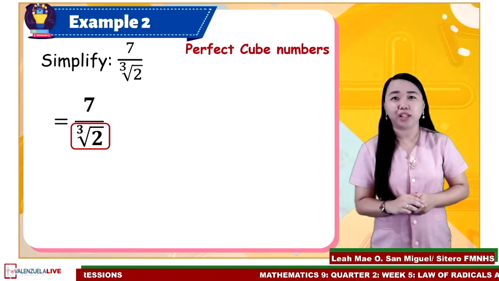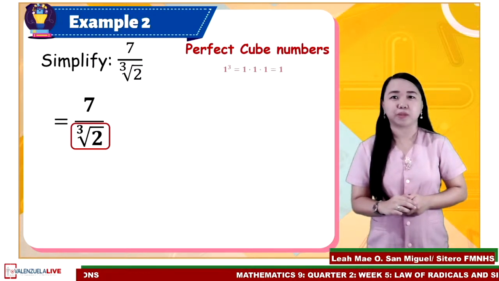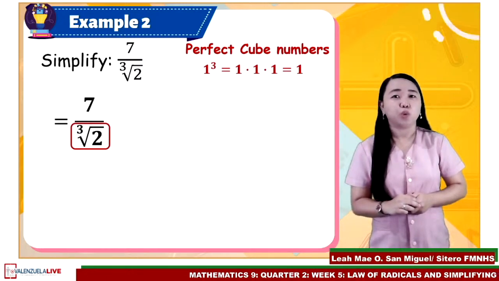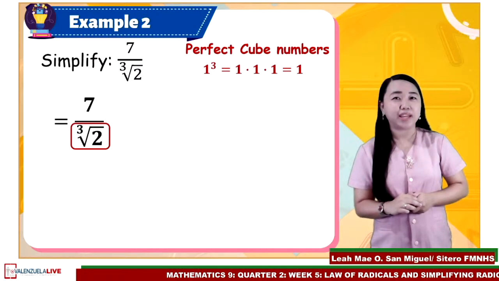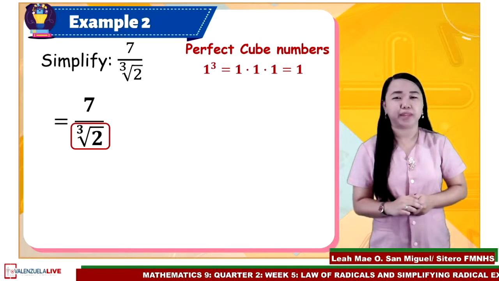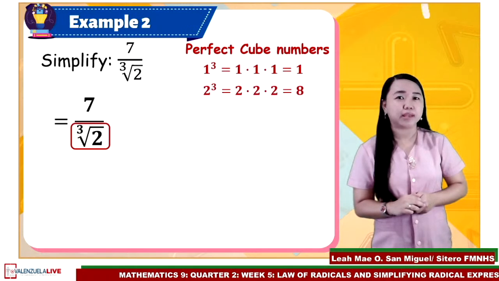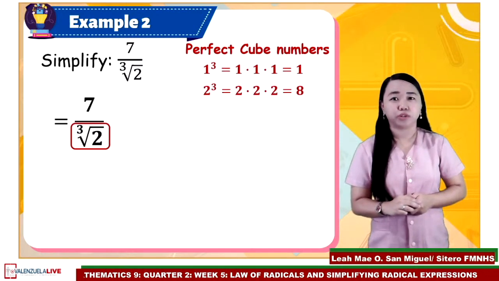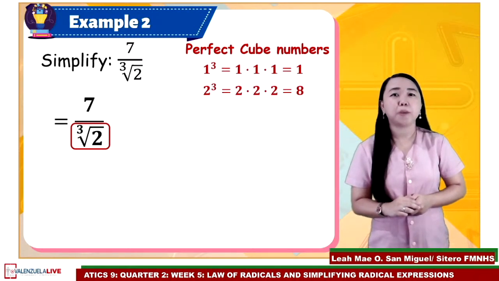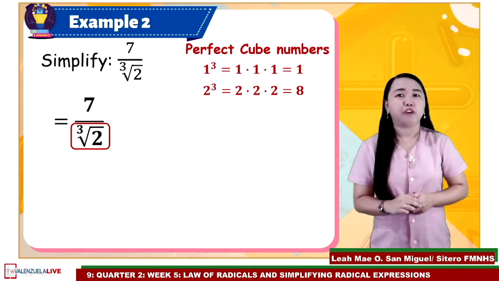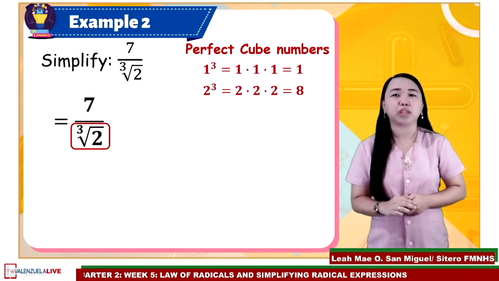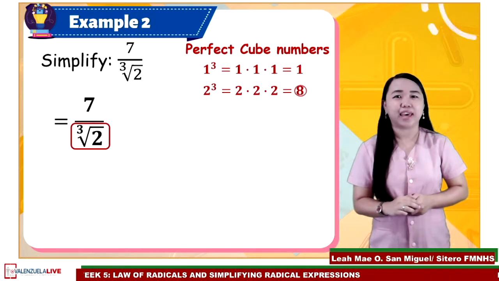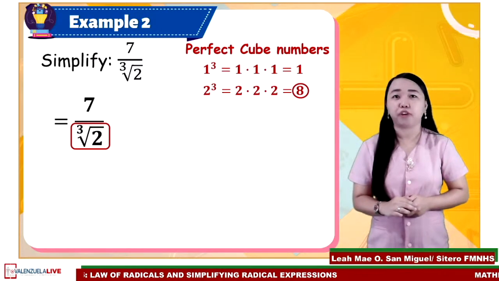Let us recall perfect cube numbers. 1 cubed is 1 times 1 times 1, which is equal to 1. 1 is a perfect cube number. Next, 2 cubed is 2 times 2 times 2, which is equal to 8. 8 is a perfect cube number. If 2 is multiplied by 2 times 2, or 4, then it will become 8. Again, 8 is a perfect cube number.